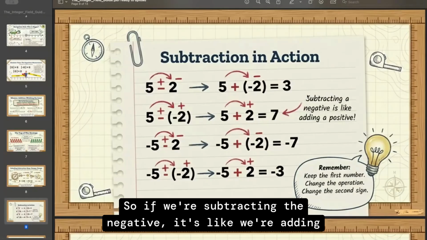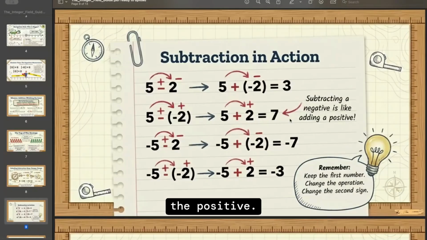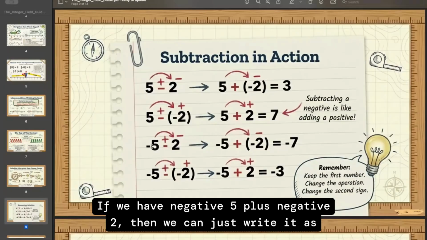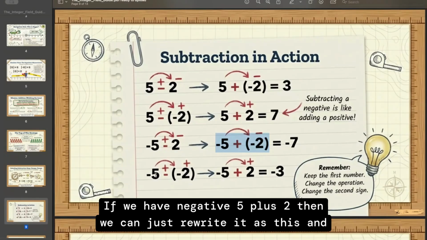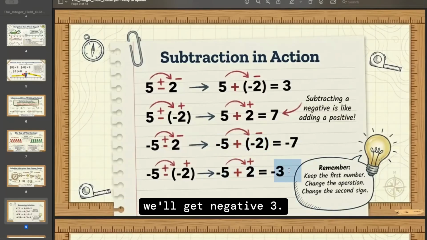So if we're subtracting a negative, it's like we're adding a positive. If we have -5 plus -2, then we can just write it as this, and this will give us -7. If we have -5 plus 2, then we can just rewrite it as this, and we'll get -3.